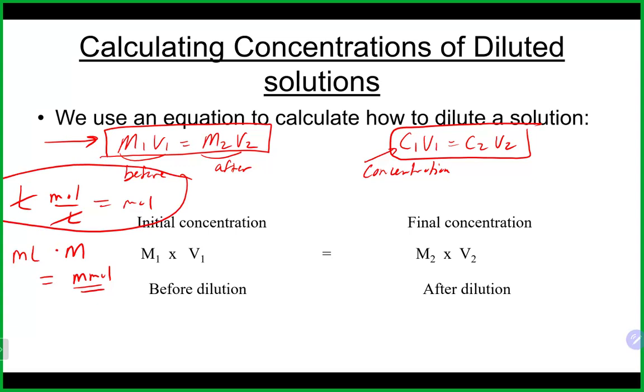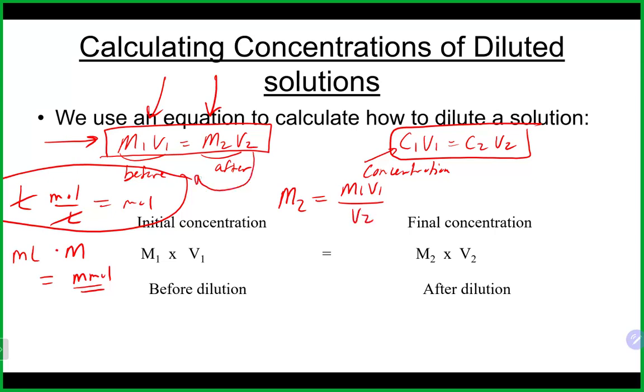Now, if you're using molarity and volume in this dilution equation, M1V1 equals M2V2, you can leave it in milliliters and it will work out okay. If you want to do that, that's perfectly fine. Or if you want to convert to liters, you could do that as well. For example, if we were solving for M2, M2 would equal M1V1 divided by V2.